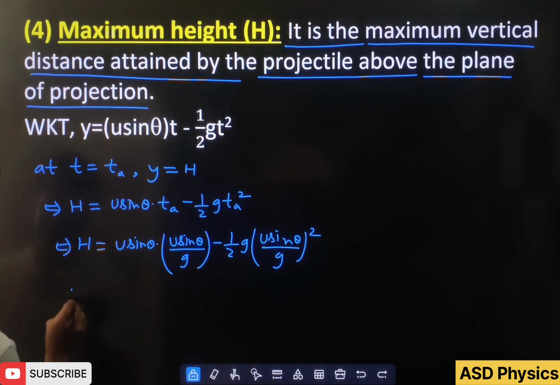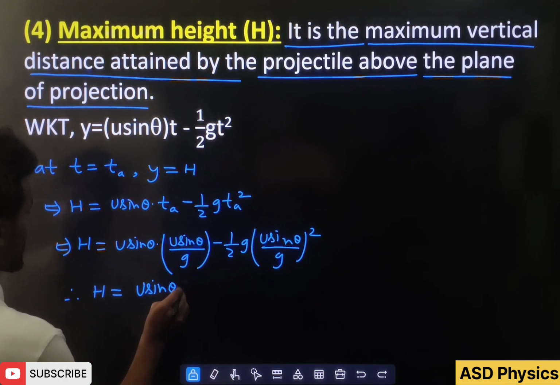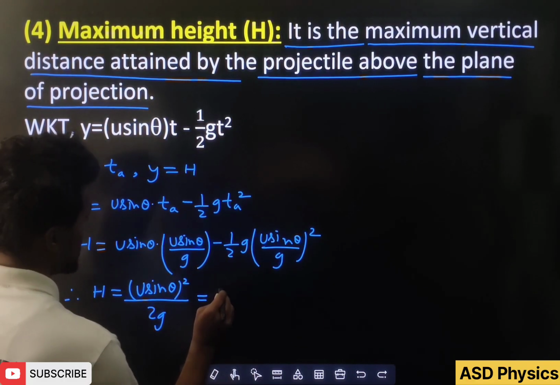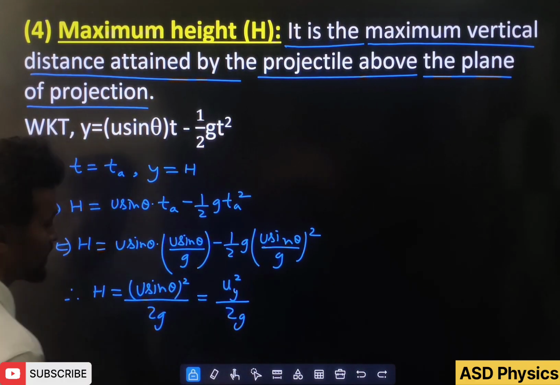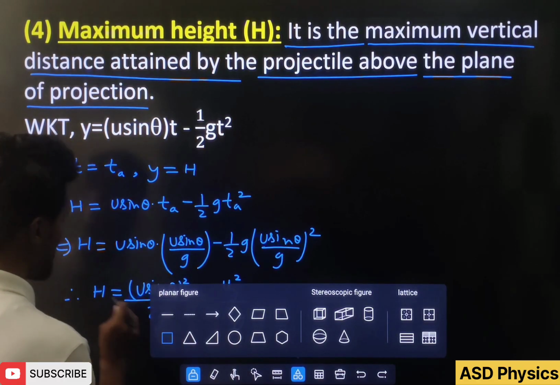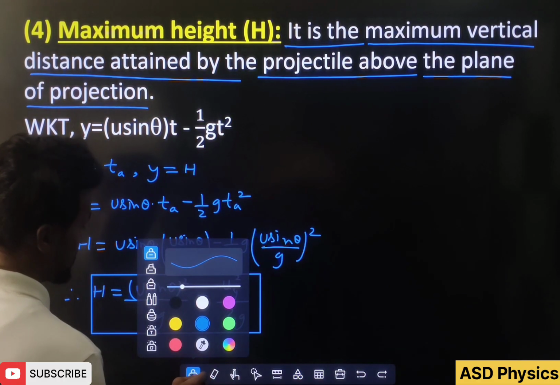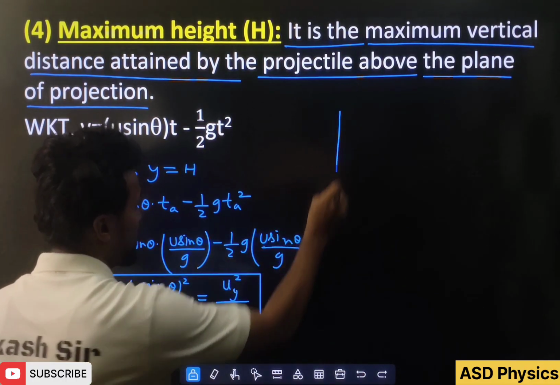You have to just take common and simplify this. It will come h equal to u sin theta whole square by 2g. Even in component form, I can write uy square by 2g. This is my maximum height. See here, uy square by 2g is the maximum height.